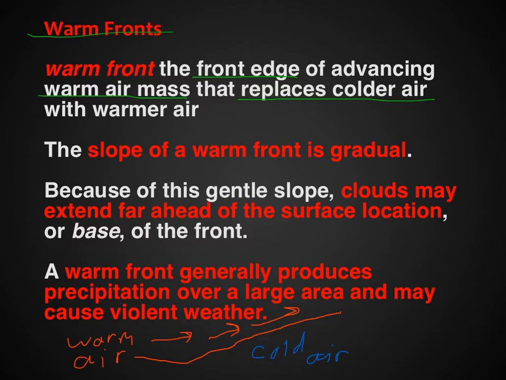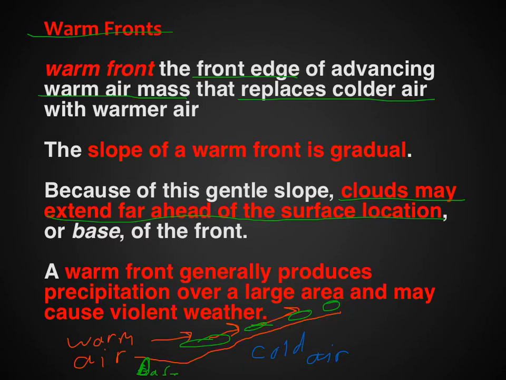And what you'll end up with are clouds forming along different areas of the warm front. And so we get clouds forming way ahead of the surface location of the front, or the base of the front. Right down here is the base. Alright, so we got the base of the front here, and clouds forming way ahead of it.